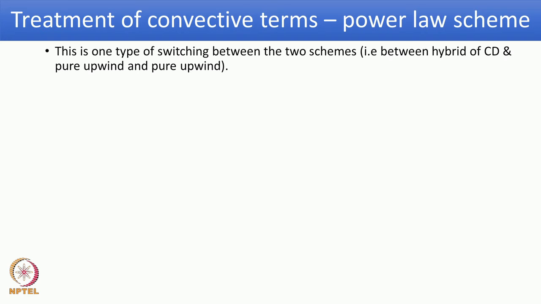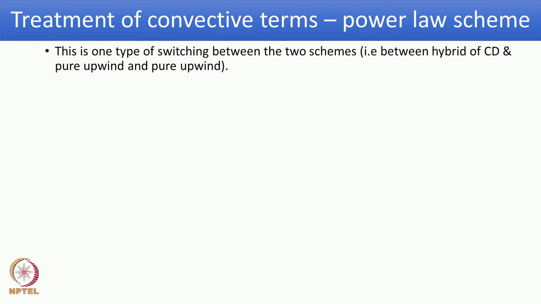There is one more special type of treatment, known as the power law scheme, and here we are switching between two schemes. The one scheme is a hybrid of CD and pure upwinding, the other scheme is pure upwinding itself.